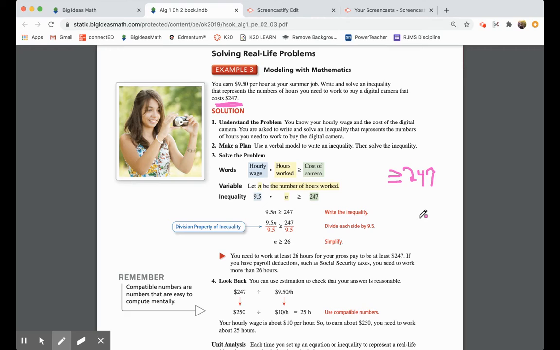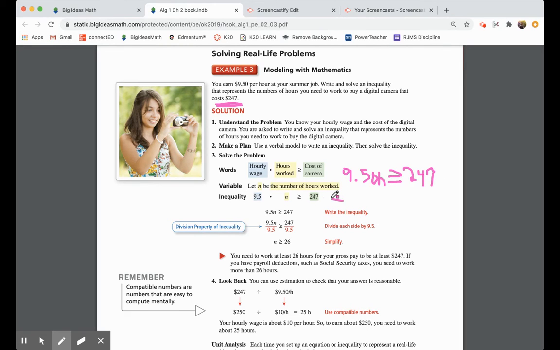So then for the other side, we make $9.50 per hour. So that should let us know, say, for example, you worked 5 hours. Well, you would do 9.5 times 5. So it's going to be $9.50 times some number. I'll use H for hours. I think they used N for number of hours. So we have 9.5H is greater than or equal to 247.